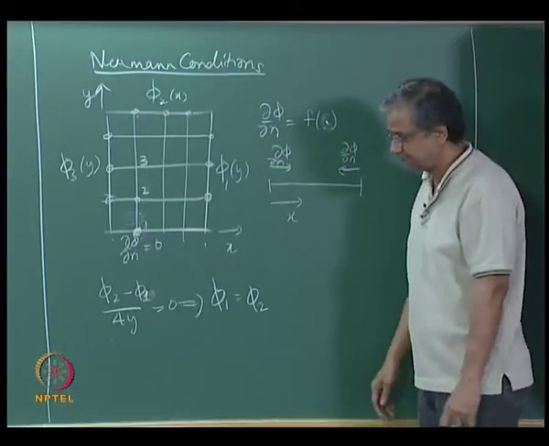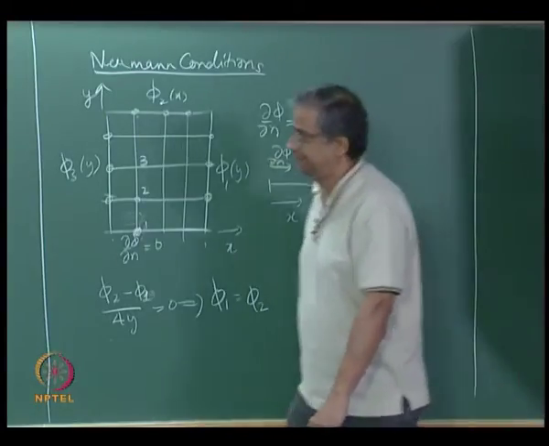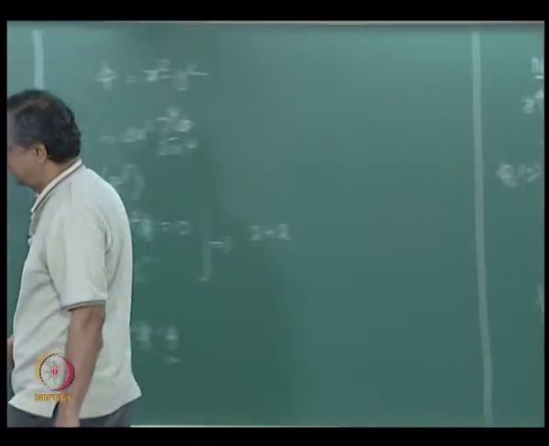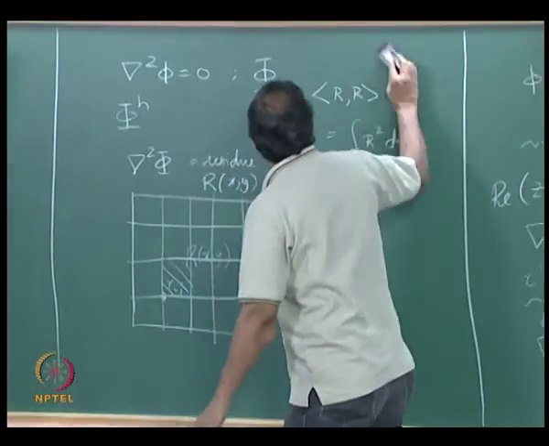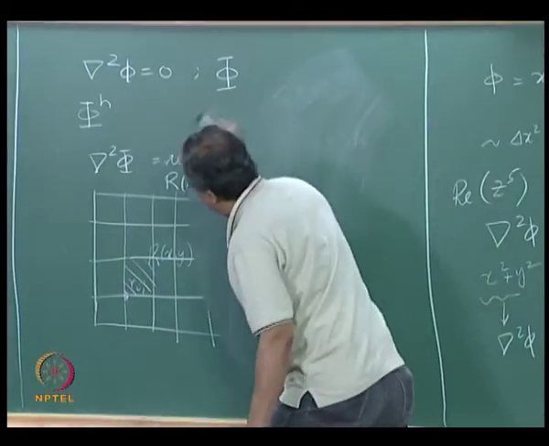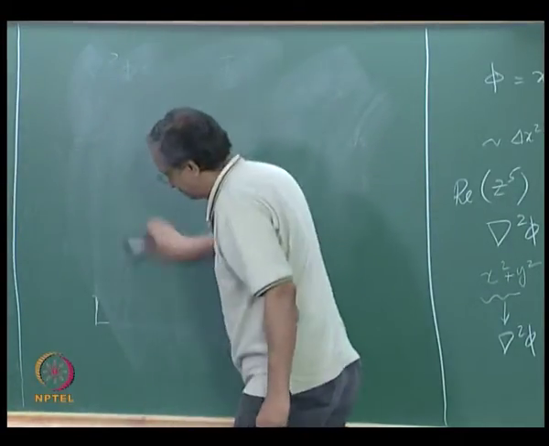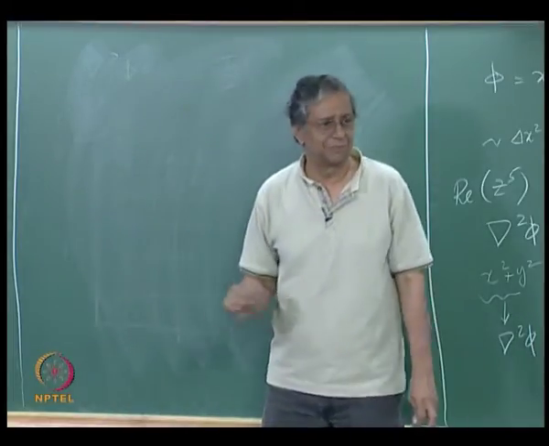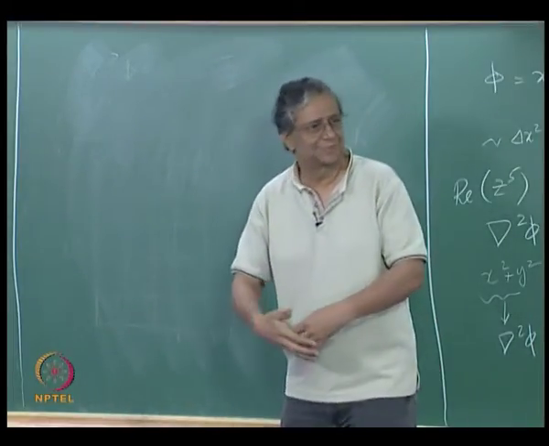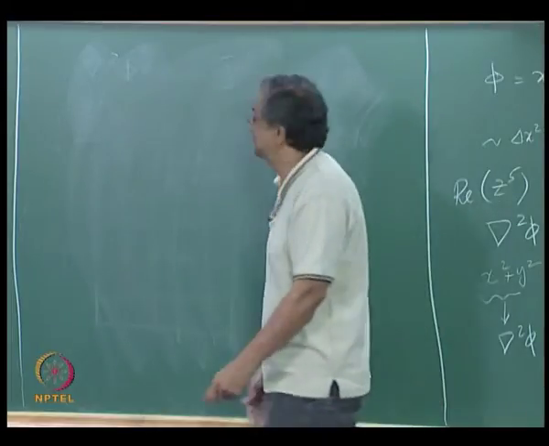And you are used to it from the multivariate calculus point of view. We do not quite think about it when we are talking about calculus of one variable, derivatives of one variable.